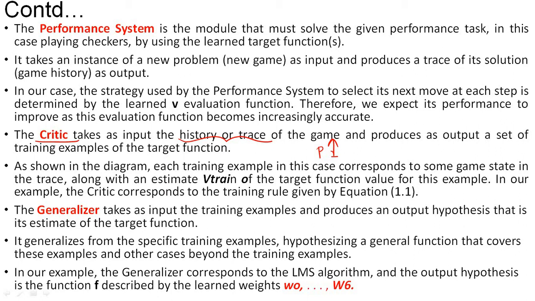The next module is the generalizer. It takes the training examples as input and produces the output hypothesis, an estimate of the target function. To explain the generalizer in the best way, I will take one example. You might know the Pythagoras theorem.